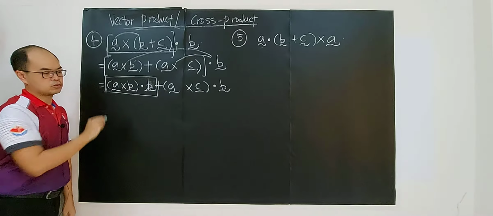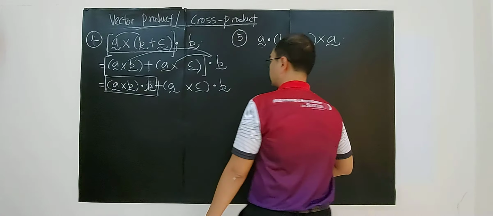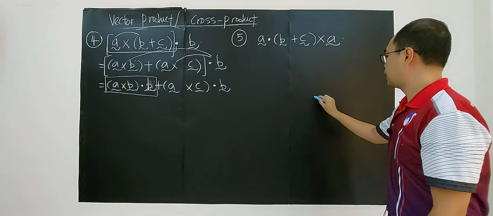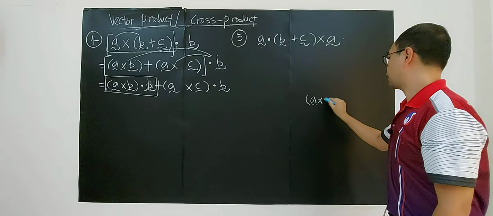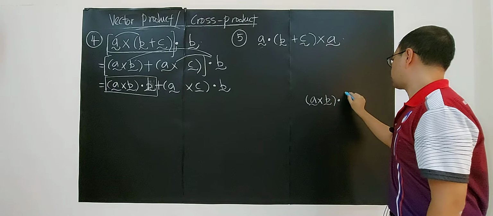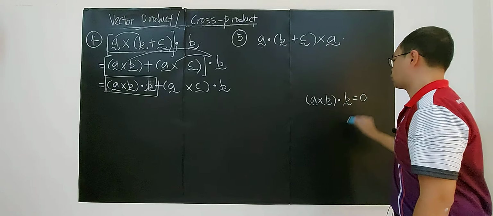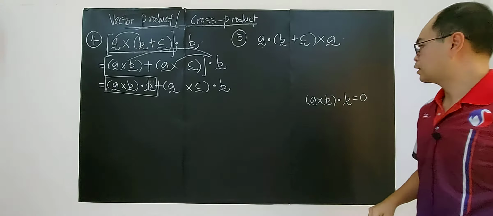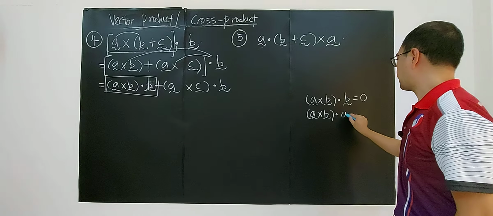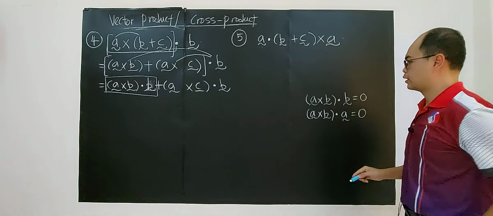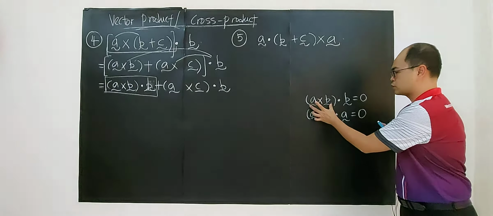If you have understood the concepts, you know that A cross B, when you dot with B, you are getting 0. Or A cross B, if I dot with A, I also get 0. As long as after doing the cross product, you dot with a vector that is inside the cross product, you are getting 0.